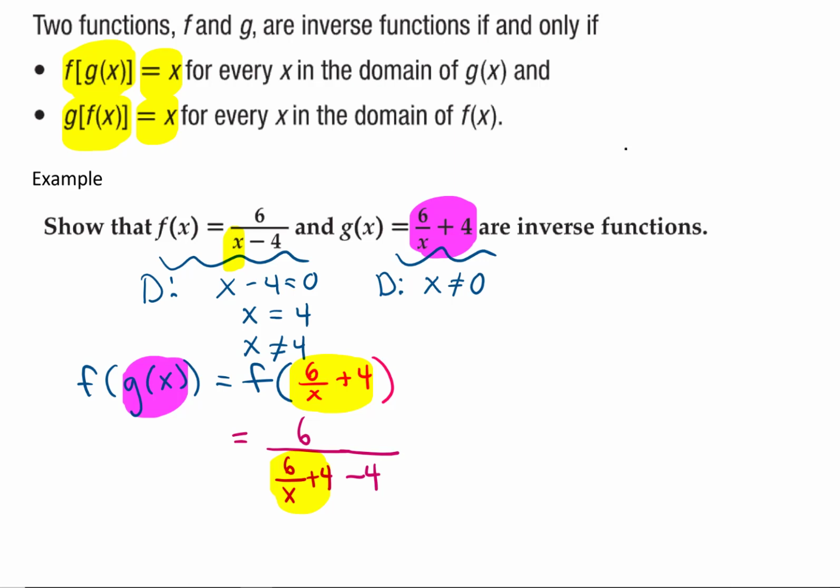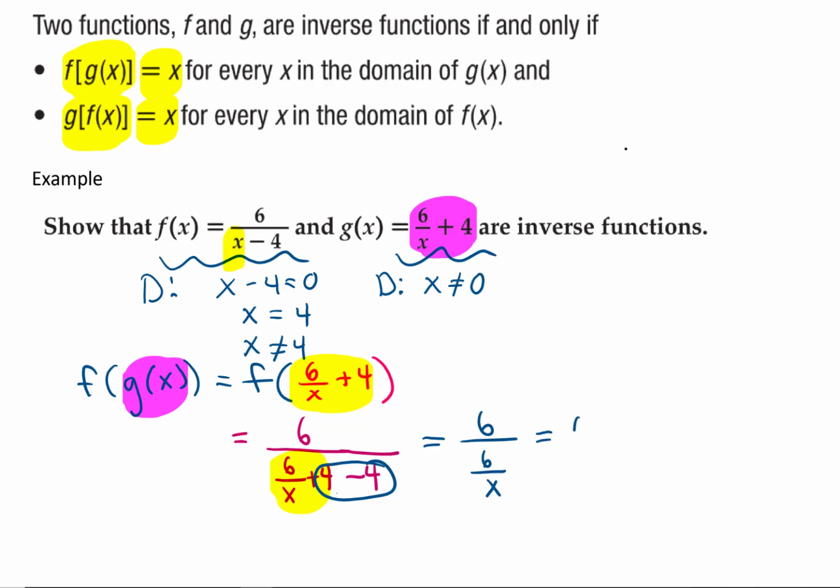Now I'm going to simplify. Positive 4 and negative 4 equals 0. So then I'm left with 6 over 6 divided by x.